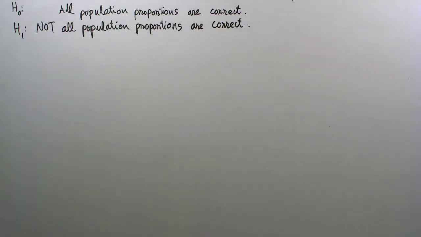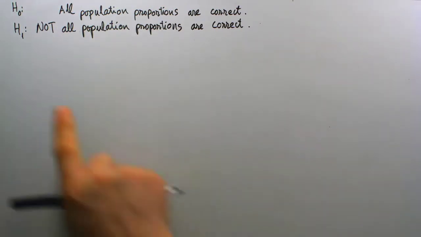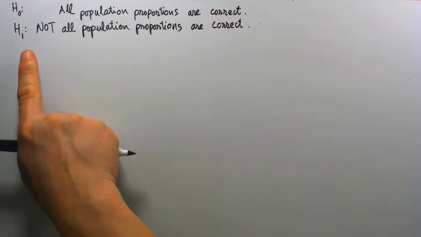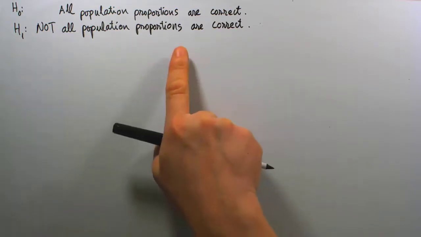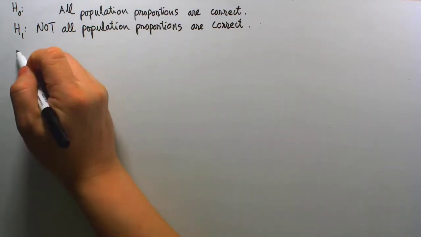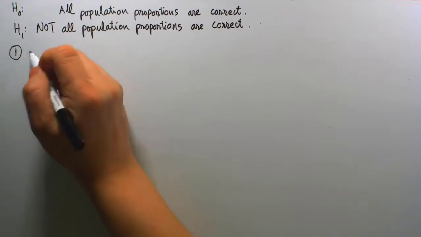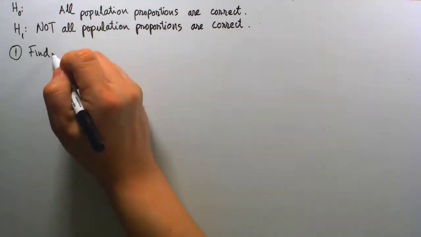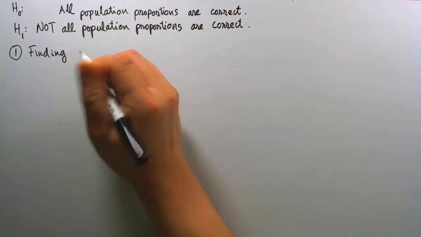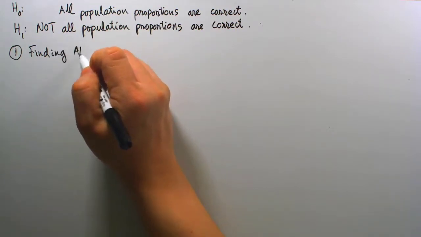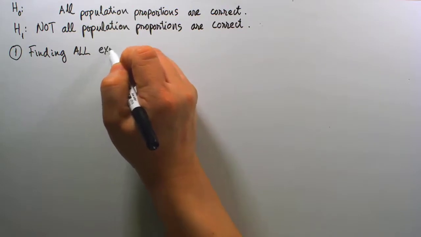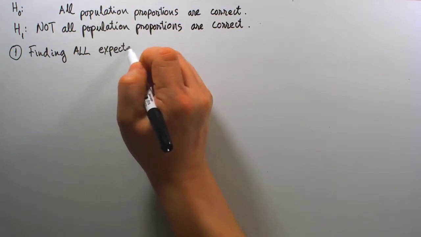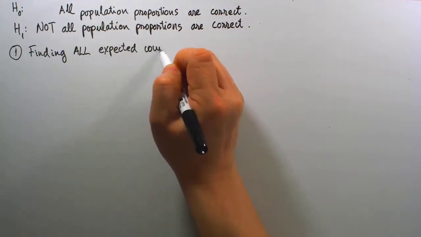And so now, as the steps to perform our chi-square test for goodness of fit, step 1 was just now done. What we did there was to find all expected counts.